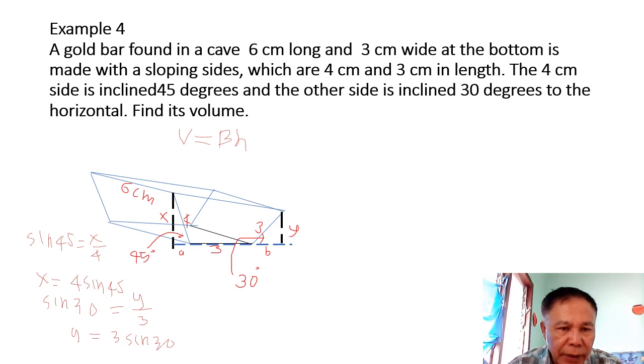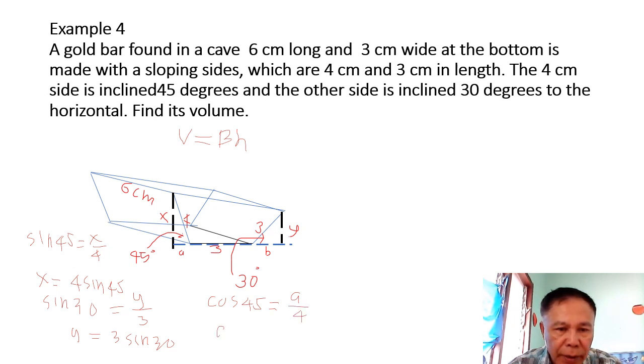For the sides A and B, cosine 45 equals A over 4.